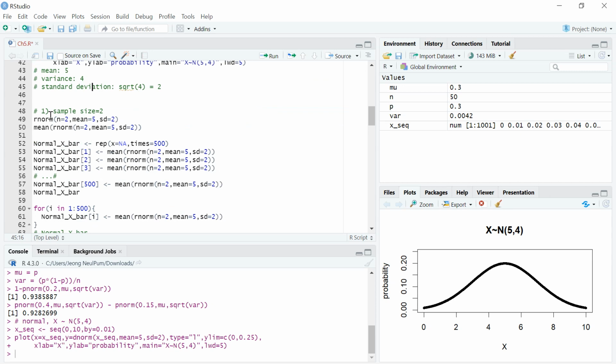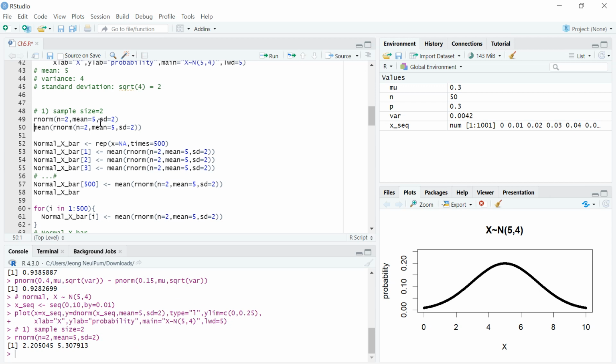So we can start the experiment with sample size 2. As you already know, the rnorm function gives us a random sample from the normal distribution. So we are going to have 2 random samples from the normal distribution with these parameters. Then with the mean function, we can get the mean value of the 2 random samples.